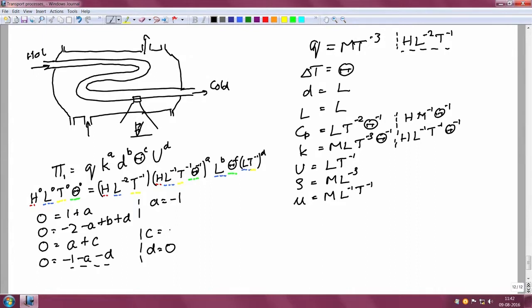There's a mistake here in the equation for theta: it should be minus A plus C is equal to 0, which means that A is equal to C, and so C is equal to minus 1. And from the length equation, B equals plus 1.